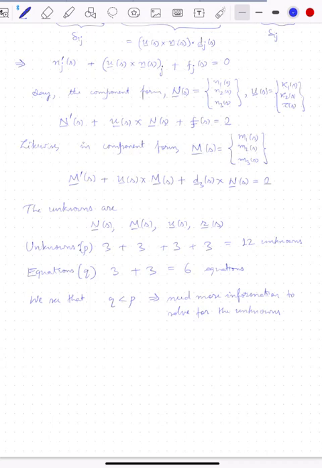Right now we can clearly see that we require some further information to solve for the unknowns.